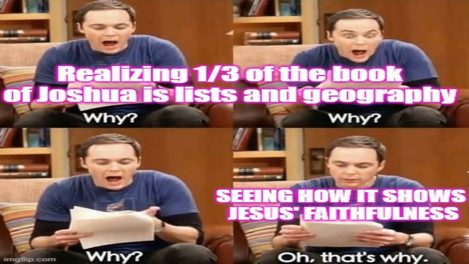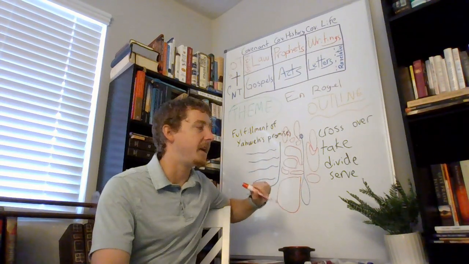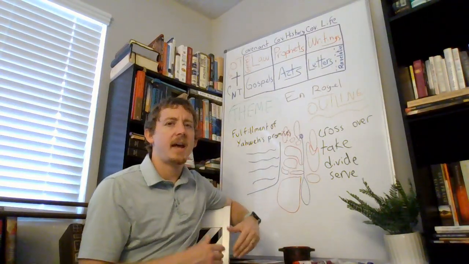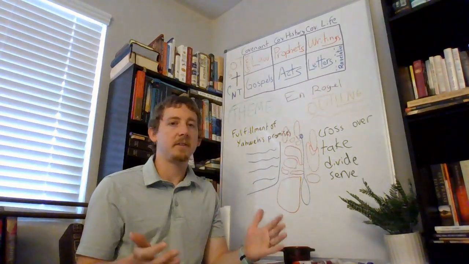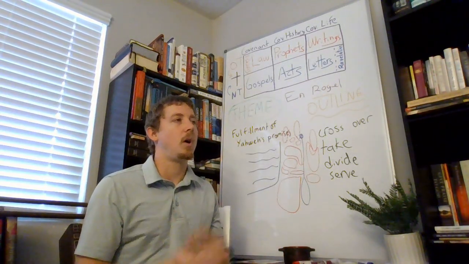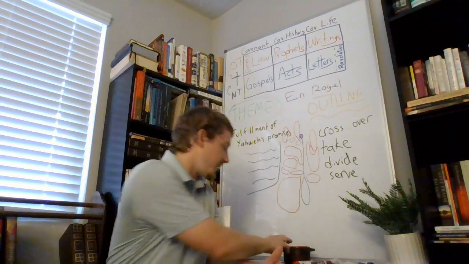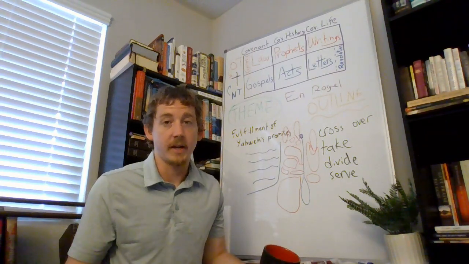You have the crossing over section, that's the spies with Rahab. People know that. The taking section, the Battle of Jericho. People know that. The serving part, that's the last couple chapters. And that's the famous line you probably have seen posted up on someone's wall: as for me and my house, we will serve Yahweh.